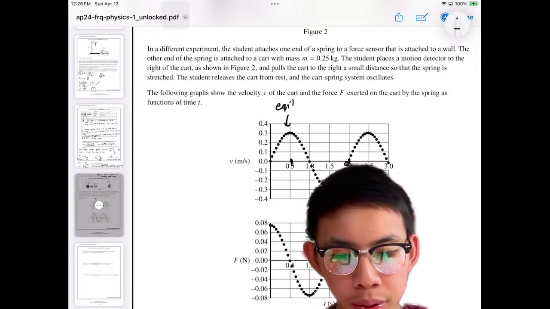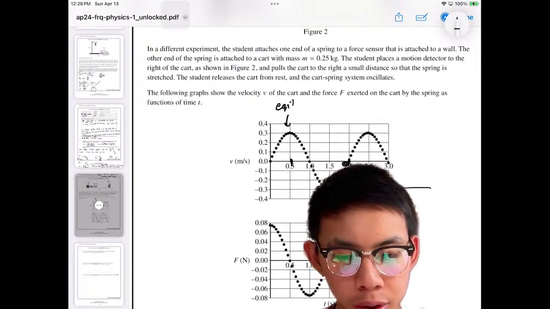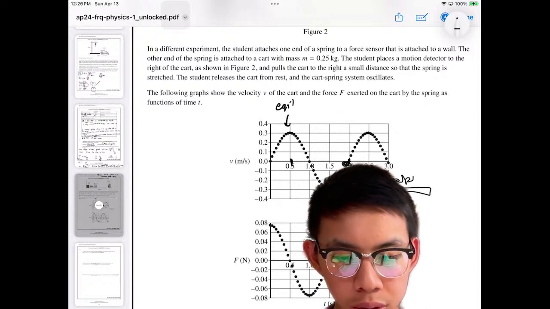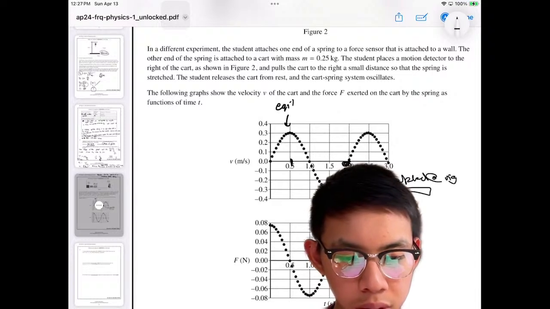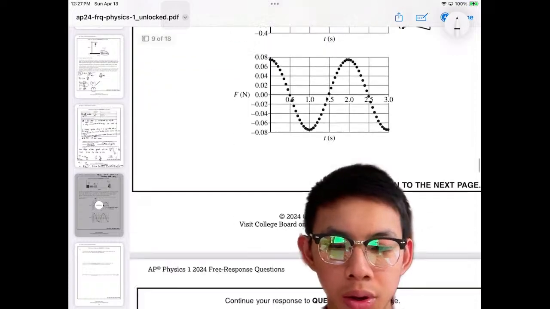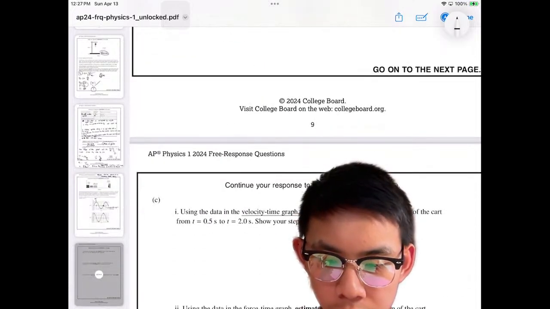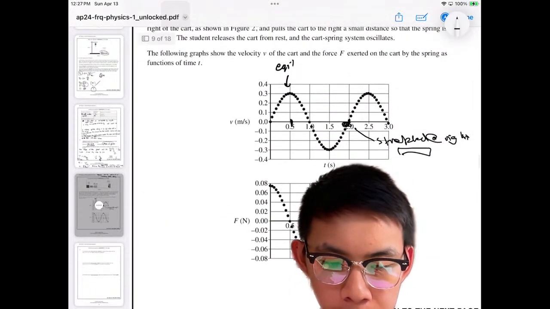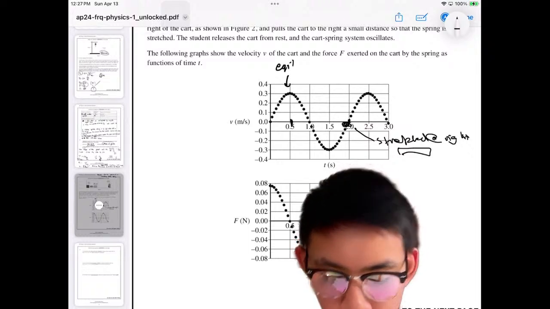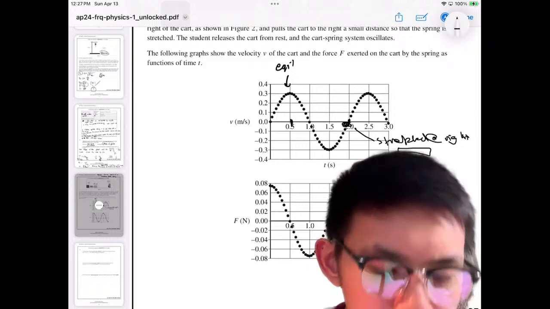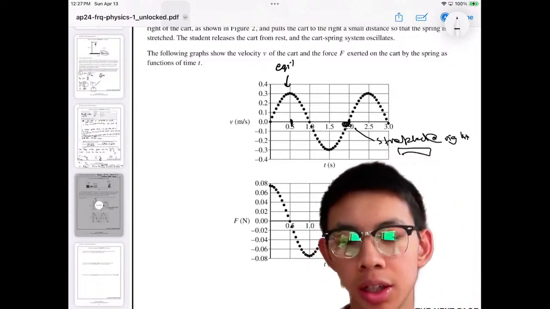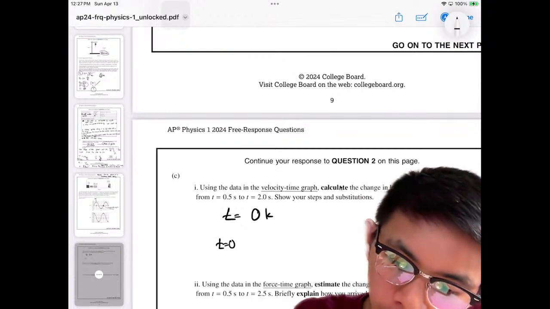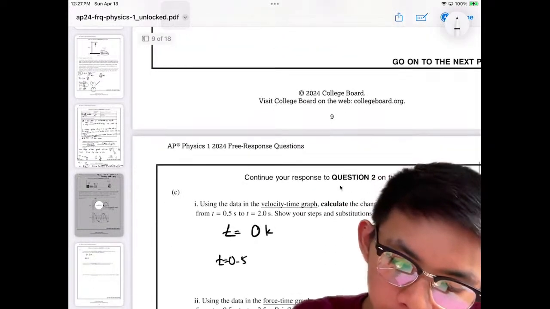So this one's being stretched. At this point it's going to be stretched to the right. It's going to have 0 kinetic energy at time t equals 0. At t equals 0.5, it's going to have 1/2 mv squared.